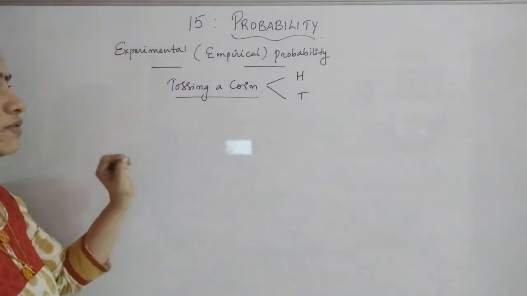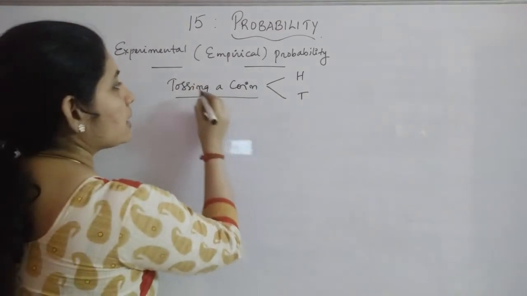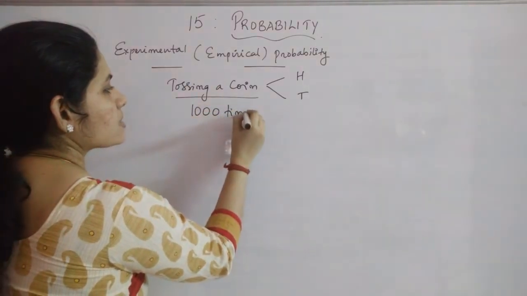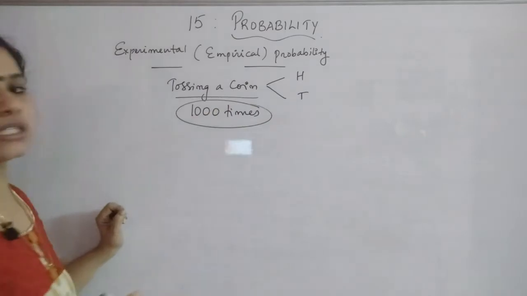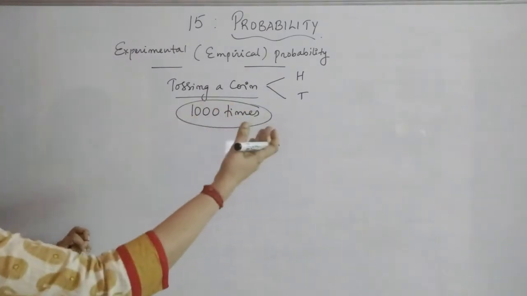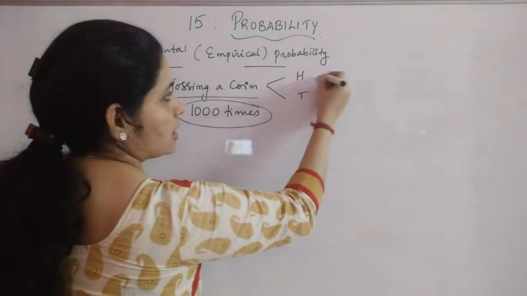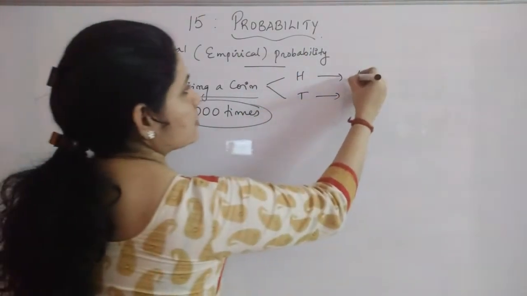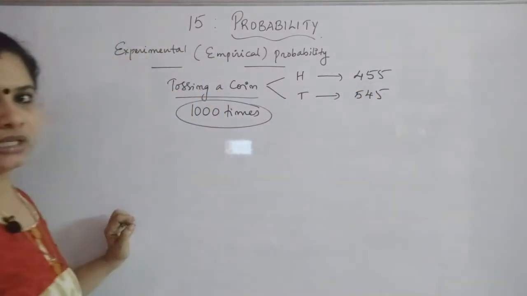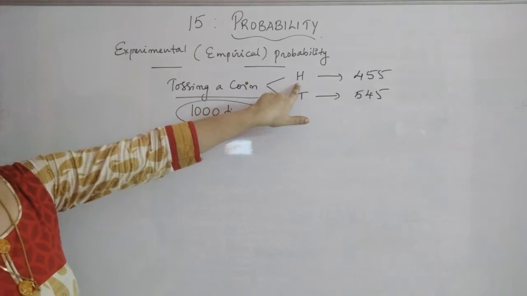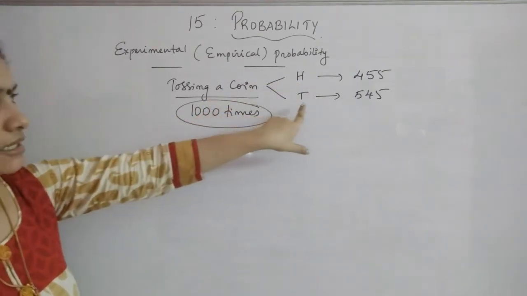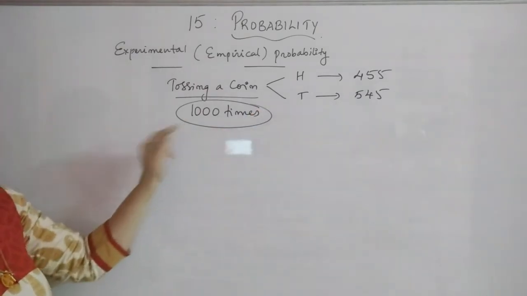Now if I toss the coin 1000 times, I take the frequency of the outcomes, that is getting a head and getting a tail, as suppose 455 and 545 respectively. That is, getting a head occurs 455 out of 1000 times and getting a tail 545 out of 1000 times.